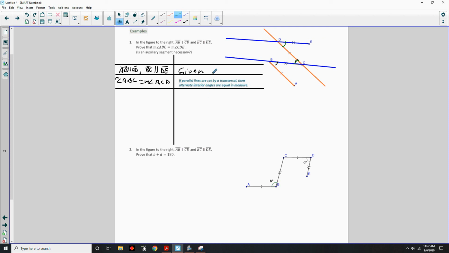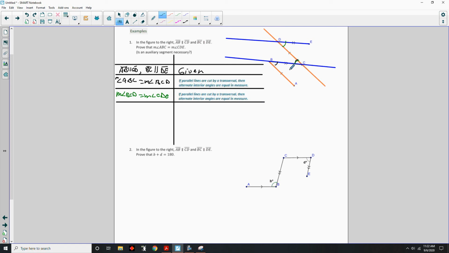So that is BCD. So the measure of angle BCD is equal to the measure of angle CDE. Reason? Same as before. If parallel lines are cut by a transversal, alternate interior angles are equal in measure.